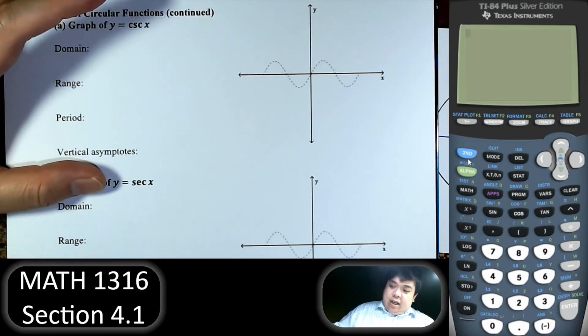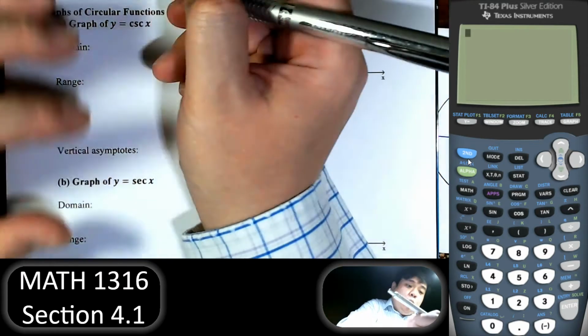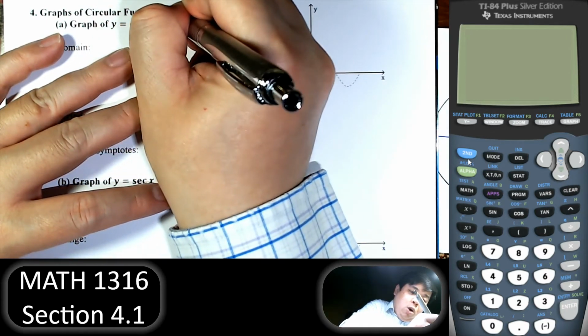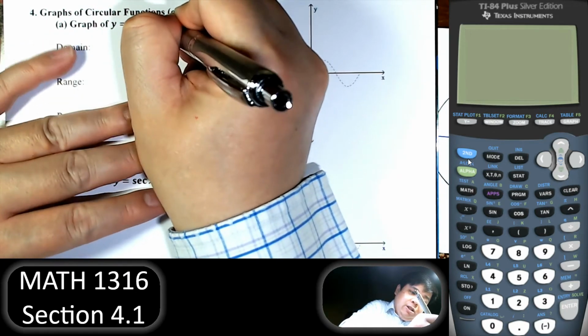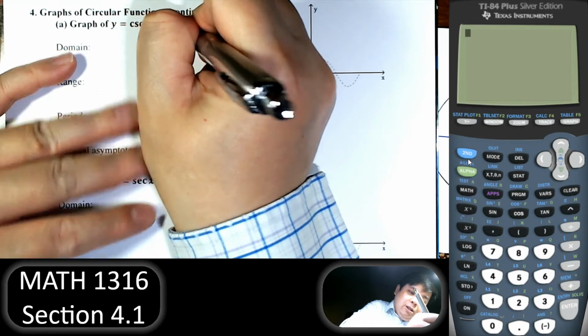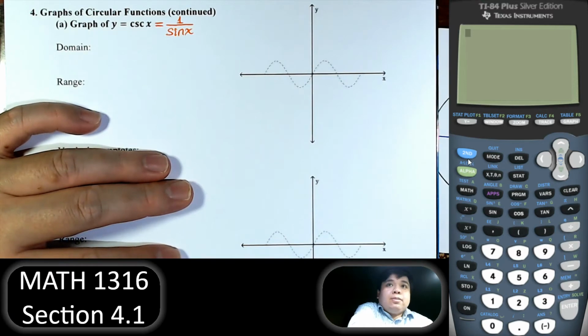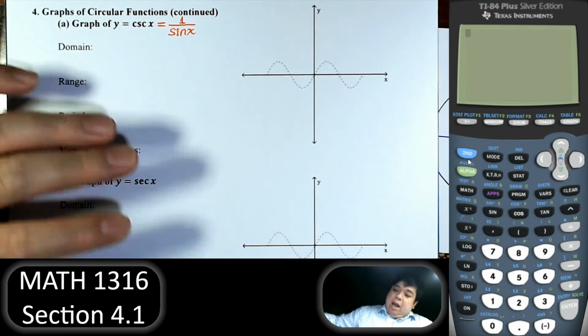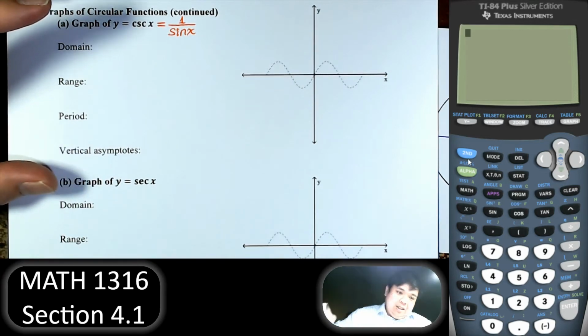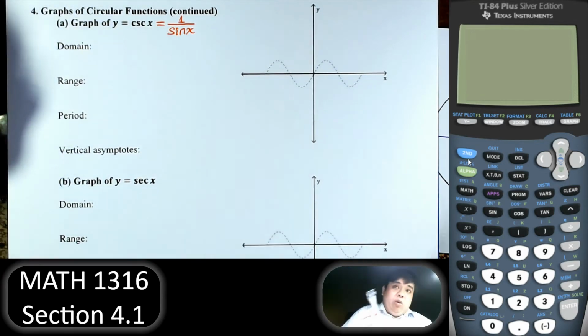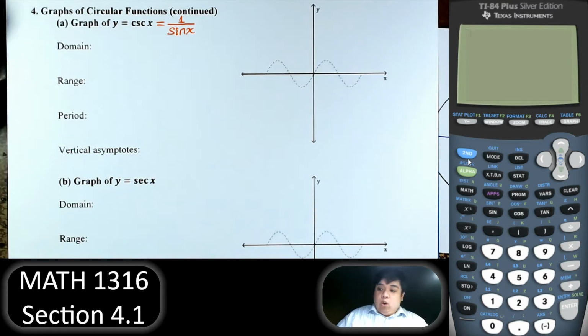The domain, similar to what we have for the tangent. Cosecant, we have to write as 1 over sine, right? Okay. The domain, because we have the ratio, the denominator cannot be equal to 0.